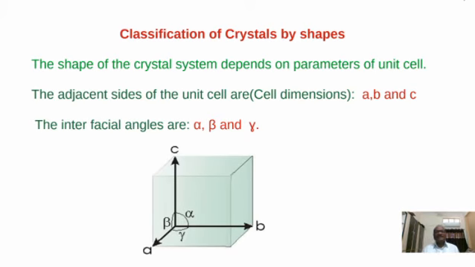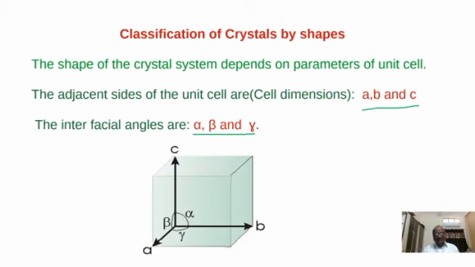One is the intercepts made on the standard axes, meaning the intercepts of the planes of the unit cell on the standard axes X, Y, Z. They are called A, B and C, the intercepts on the x-axis, y-axis and z-axis respectively, and also the interfacial angles alpha, beta and gamma.